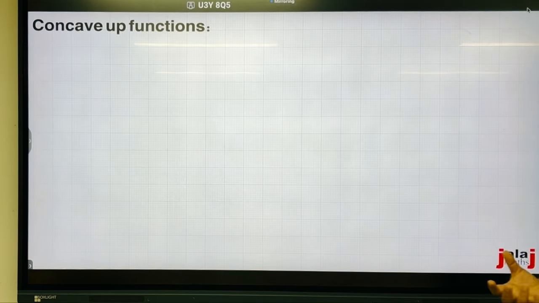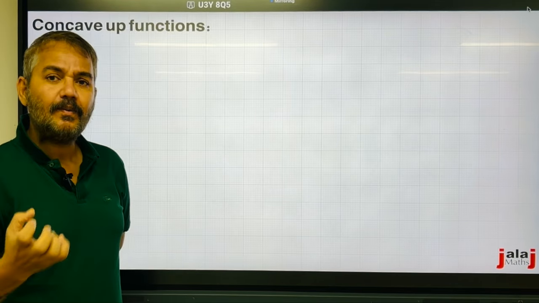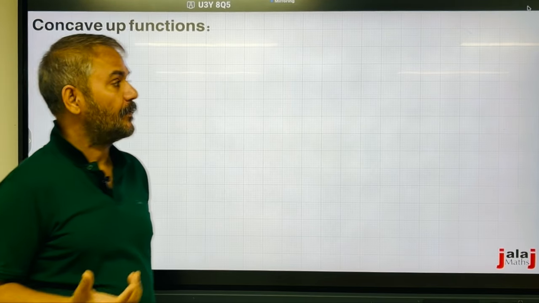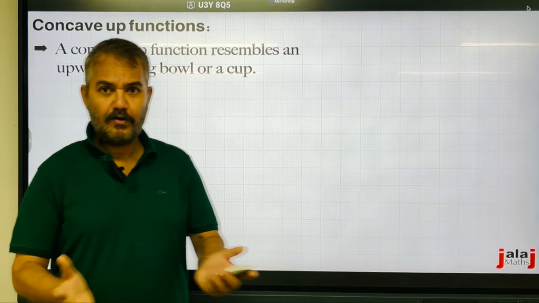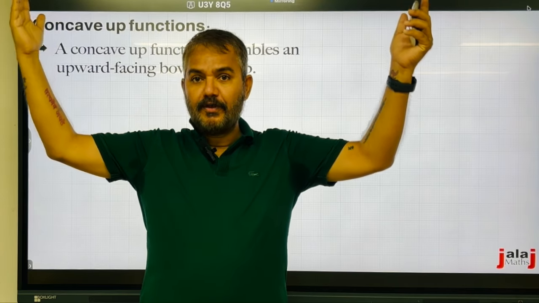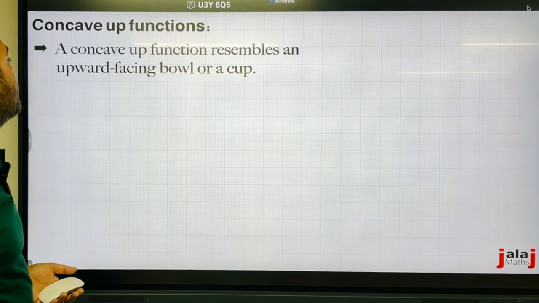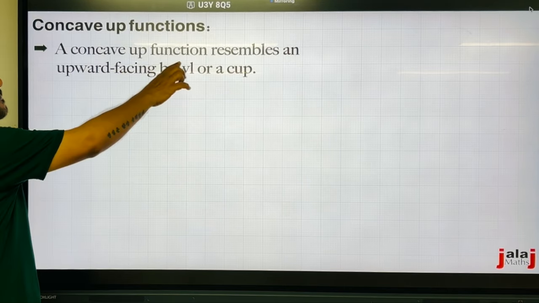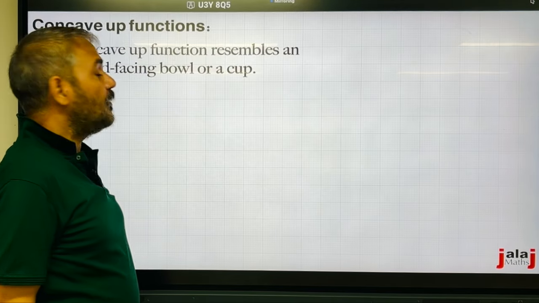concavity. There are two types of functions, concave up and concave down. Concave up we can consider as if you put your hands upward, the function that is formed is called a concave up function, a function that resembles an upward facing bowl or a cup.